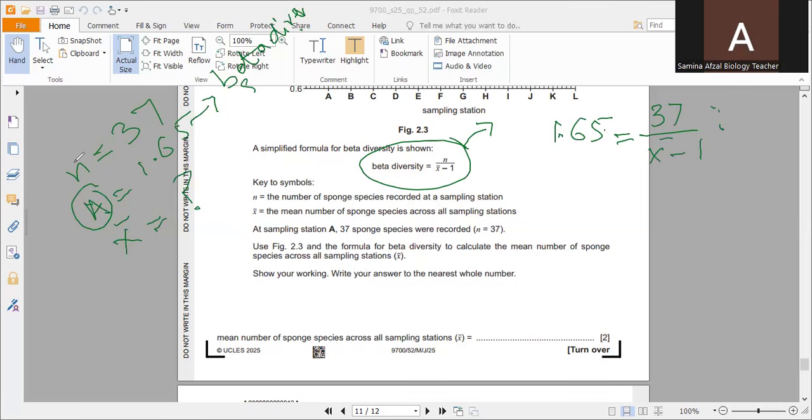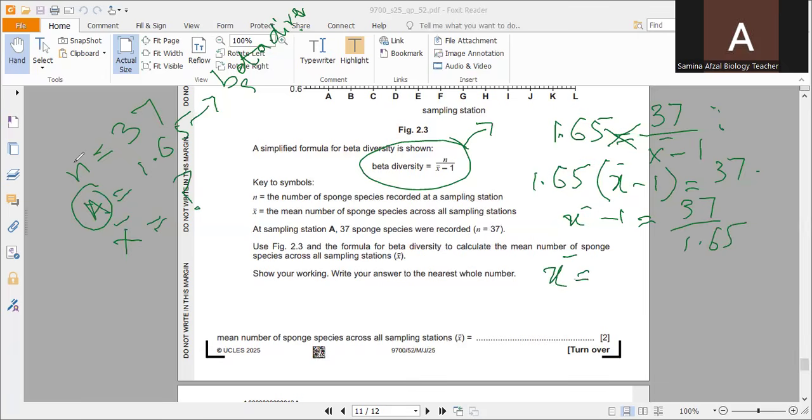If we cross multiply, 1.65 multiplied by x bar minus 1 is equal to 37. So x bar minus 1 will be equal to 37 over 1.65.